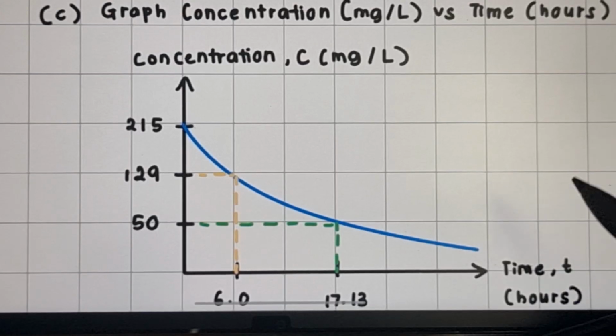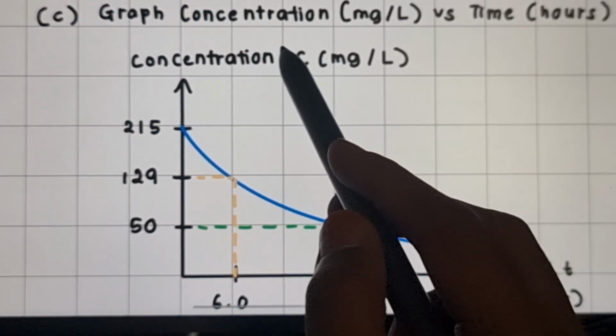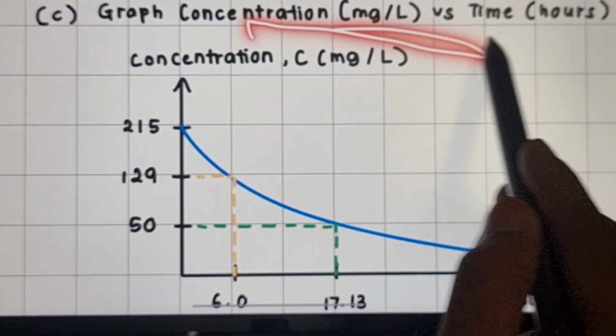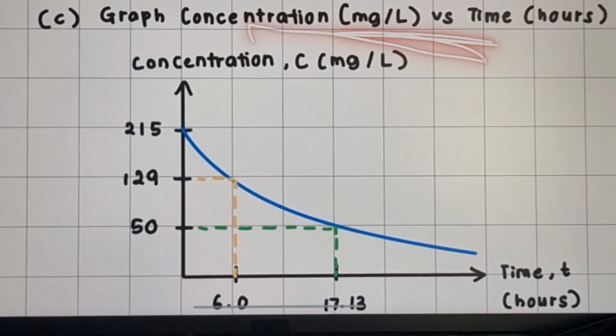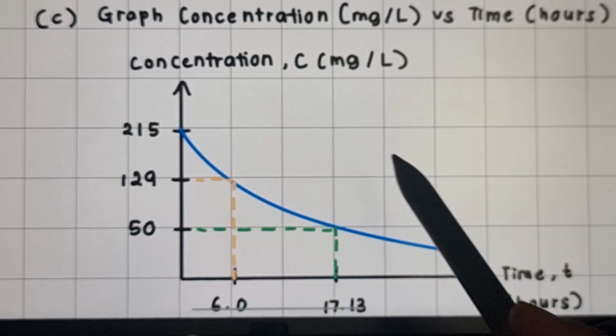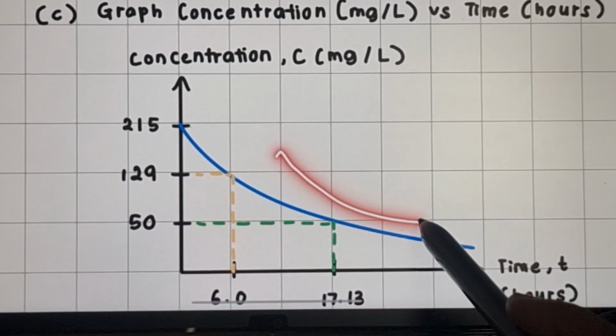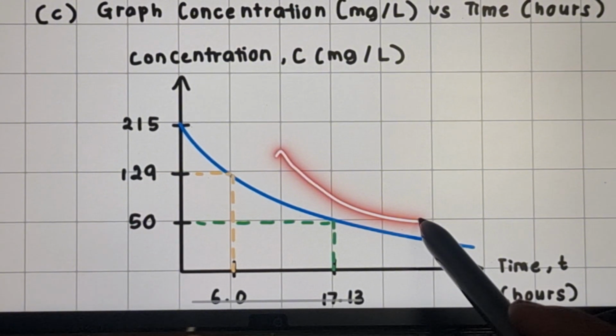For task C, the graph illustrates the relationship between pollutant concentration and time. The graph shows an exponential decay pattern. The concentration decreases rapidly at the beginning because the pollutant level is high.